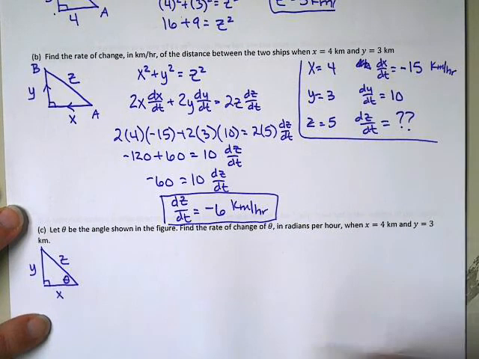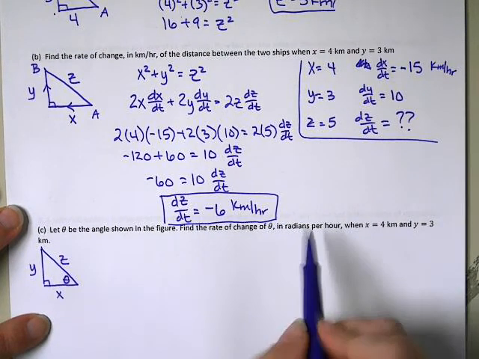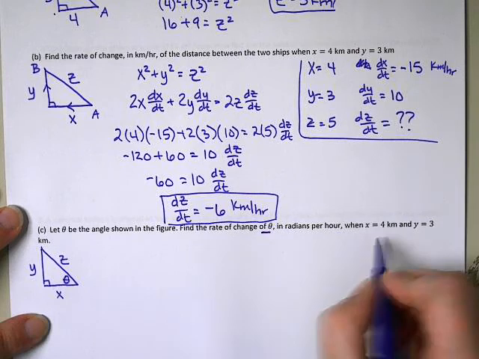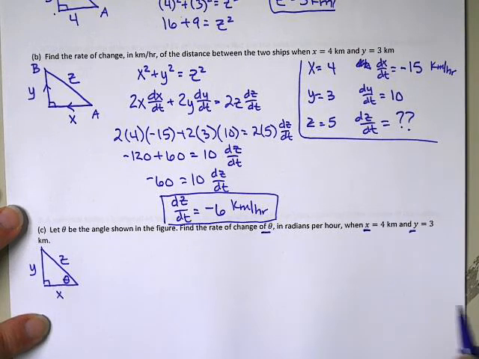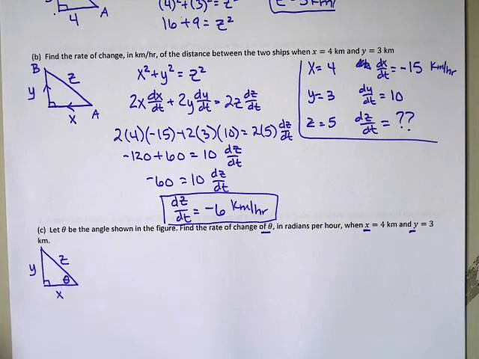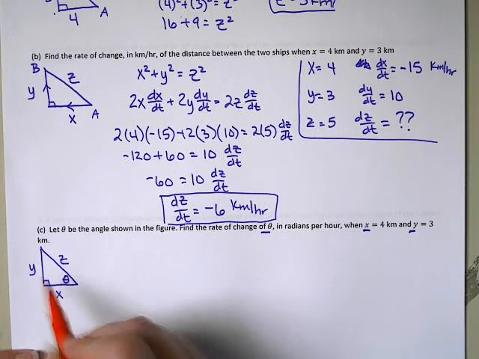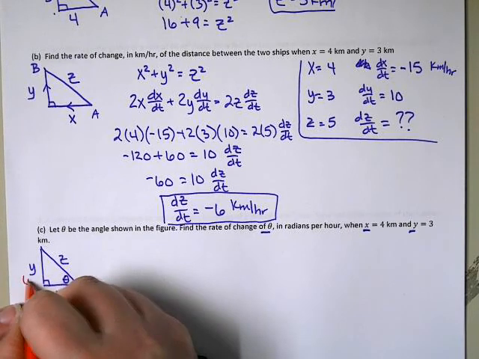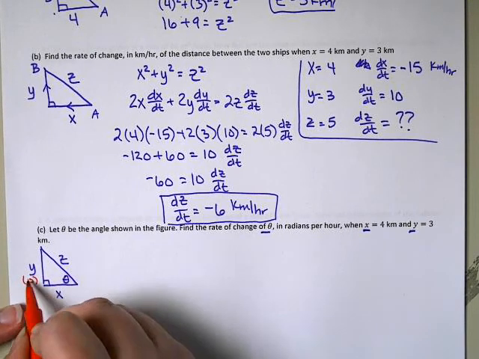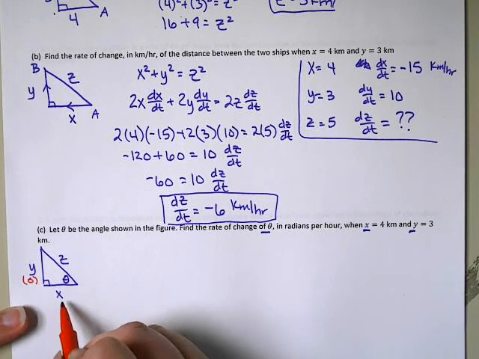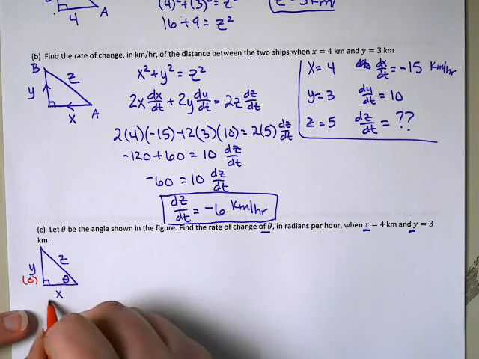And now we need an equation that relates theta, x, and y, because those are the variables that we have. So this is where our trig comes into play. So if this is theta, then we know that y, which is across from it, is the opposite side. And then x, which is right next to it, is our adjacent side.